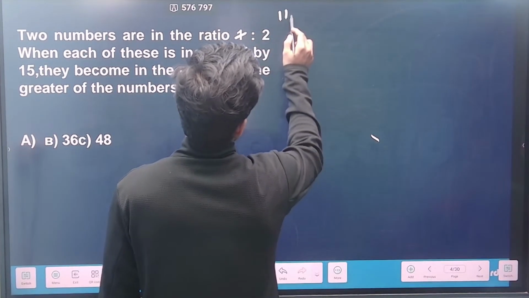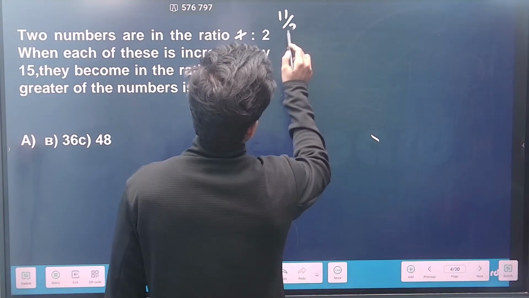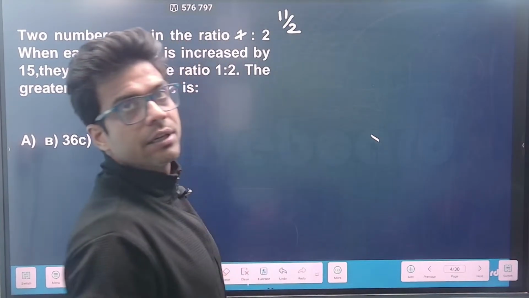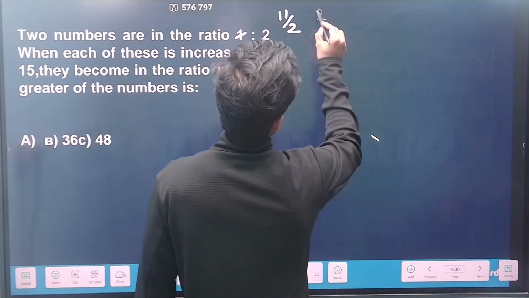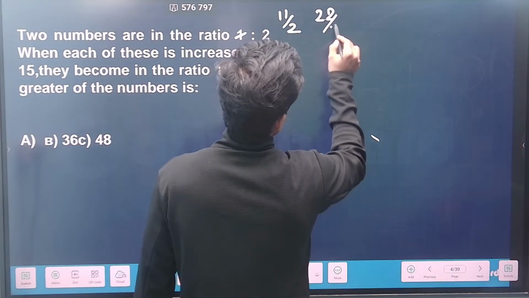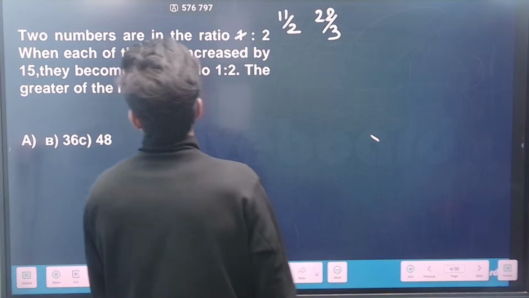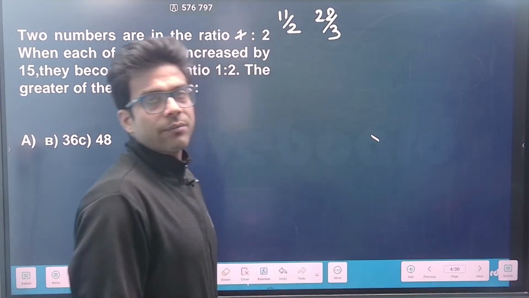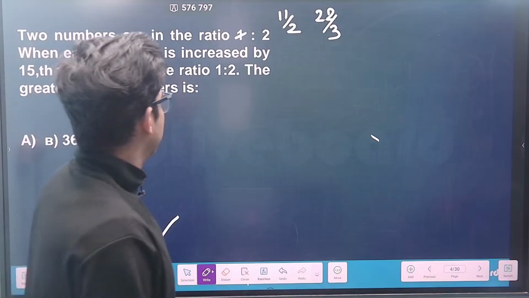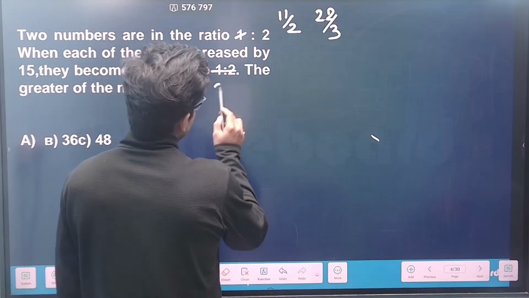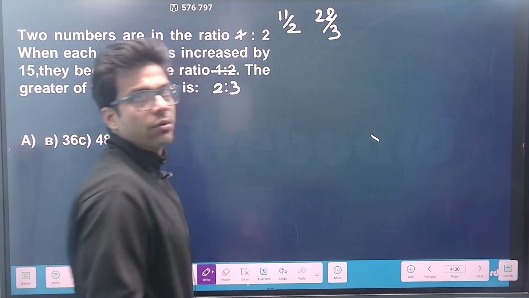The first is 1 1/2, and the second is 2 2/3, correct? And the ratio is becoming 2 is to 3. Now the ratio is becoming 2 is to 3. Come on, you can do it now.